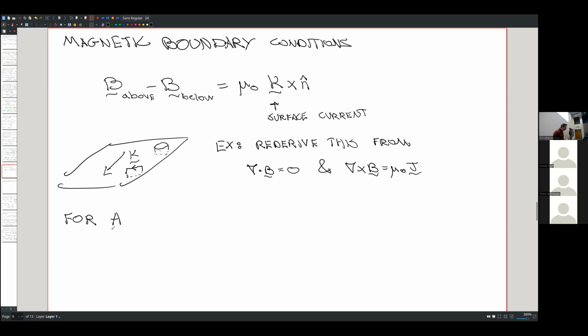For the vector potential, of course, it's a bit different, because the vector potential is like an integral of the field. So the value of the vector potential above is equal to the vector potential below. As usual, the value of the vector potential is going to be continuous, but there's going to be a cusp in its derivative, because I can understand this equation as just a differential of the vector potential instead of the field.